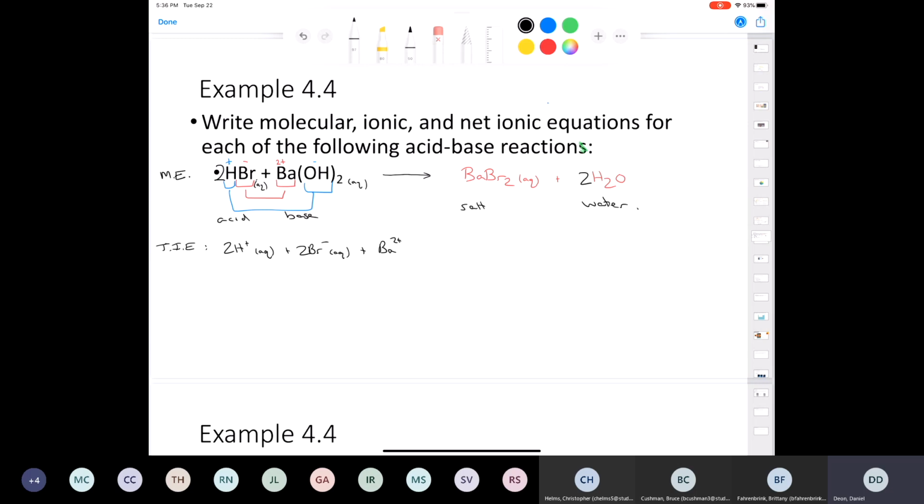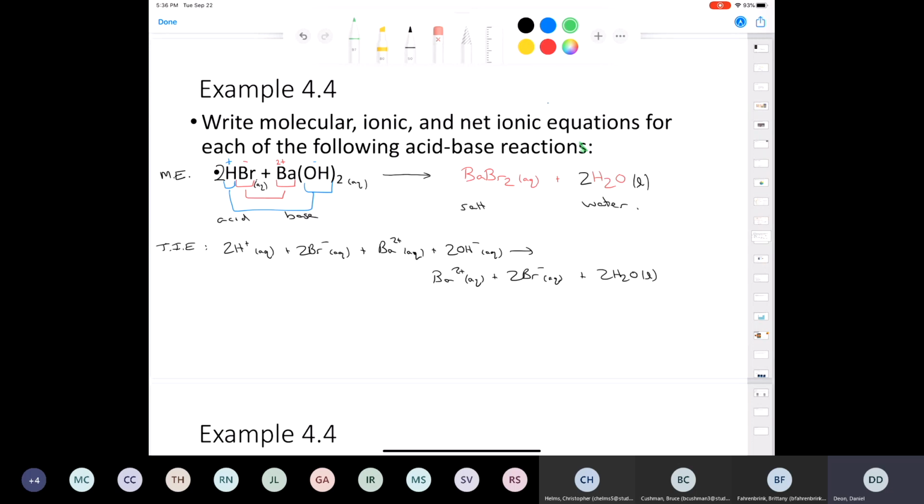Why do I know it's 2+? Because it's in group 2A. Aqueous, plus 2 hydroxides. Those are aqueous. We form a barium cation, which is aqueous, plus 2 bromides, which are aqueous, plus 2 moles of water, which is a liquid, I should point out, like that.